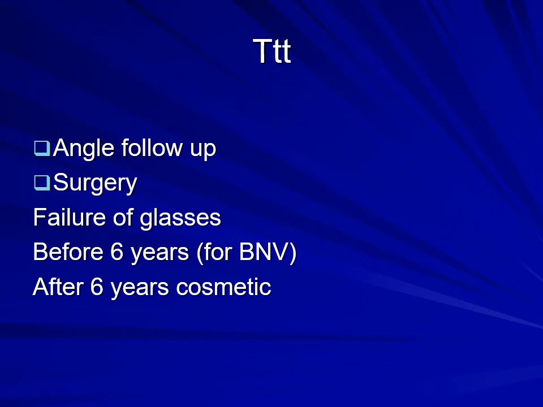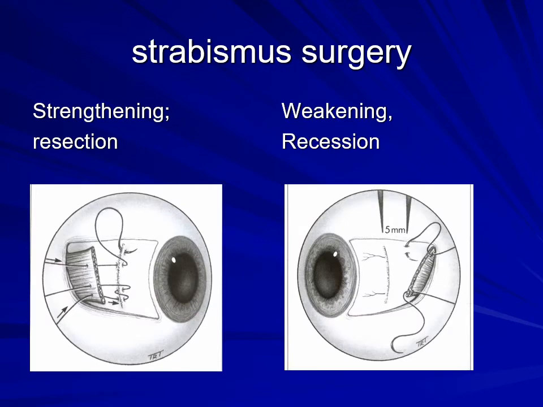After the age of 6 years, our target of surgery is to correct the cosmetic disfigurement. We have two types of surgery in case of strabismus concomitant type. The first type is strengthening surgery.